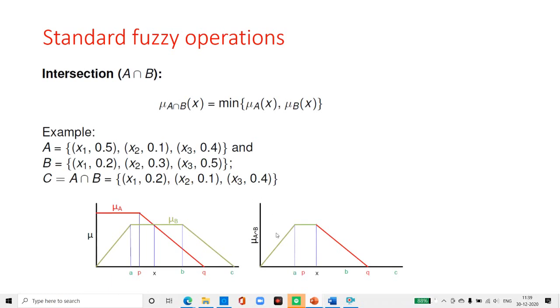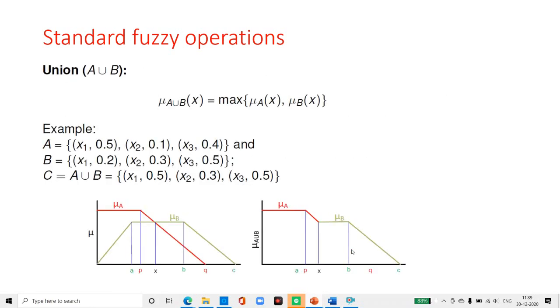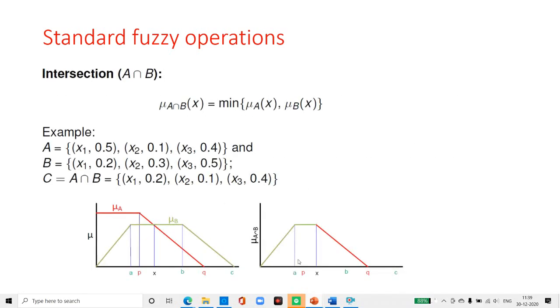But here we are intersecting these values, so the graph is green and red. And here we have the union values. This graph is the final graph for the union, 0.5, 0.3, and 0.5. This is our union and this is our intersection.